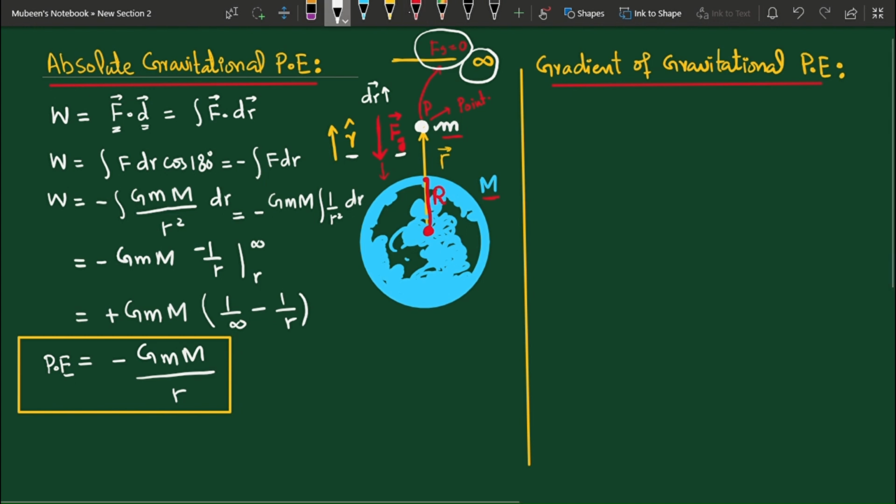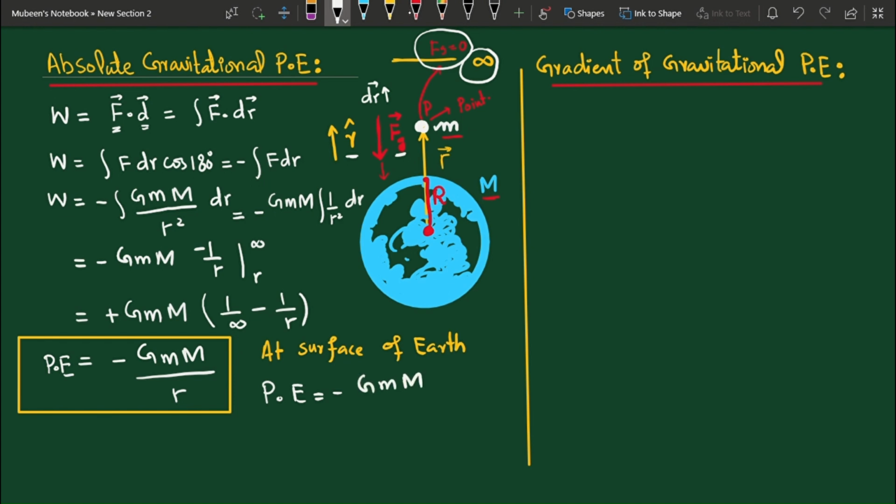Our equation will become, at the surface of Earth, absolute gravitational potential energy is equal to minus capital G small m capital M divided by capital R.